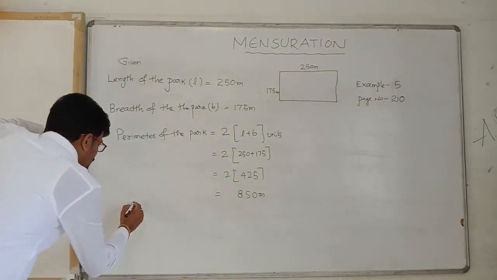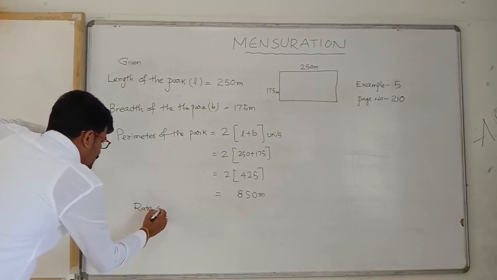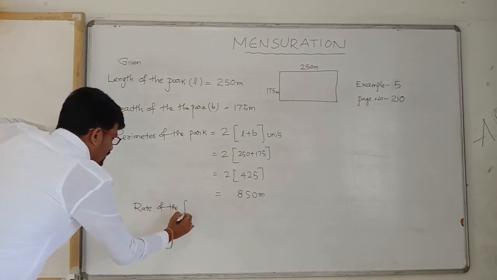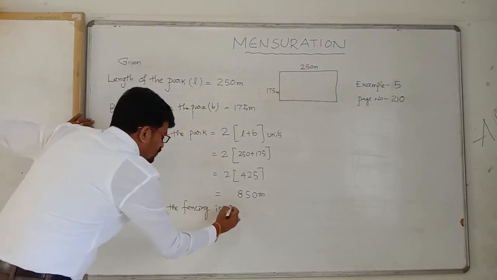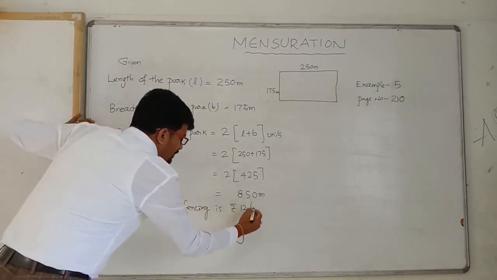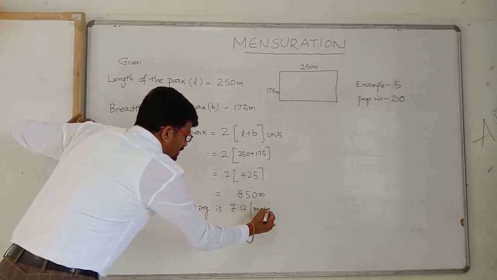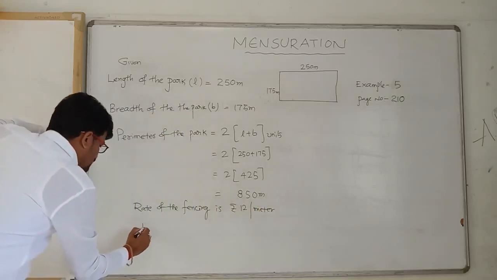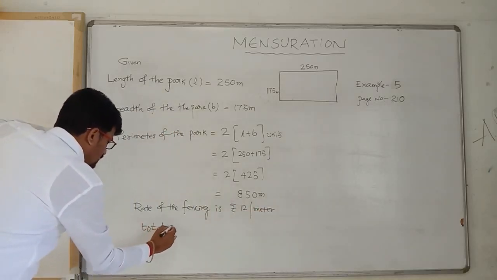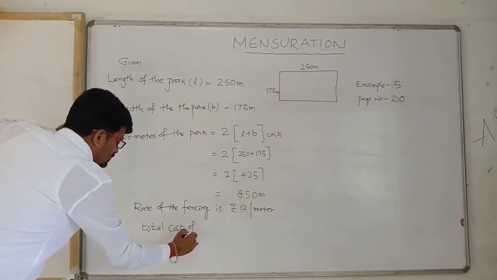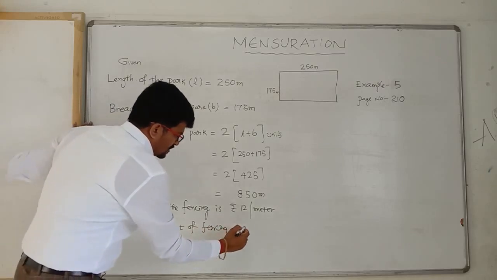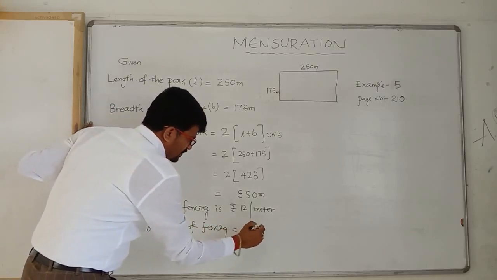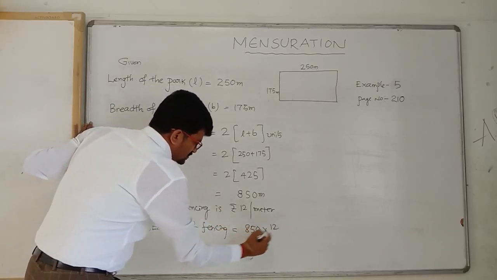Now, given the rate of the fencing is rupees 12 per meter. Am I right? Therefore, total cost of fencing is equal to 850, the perimeter, into 12 rupees.